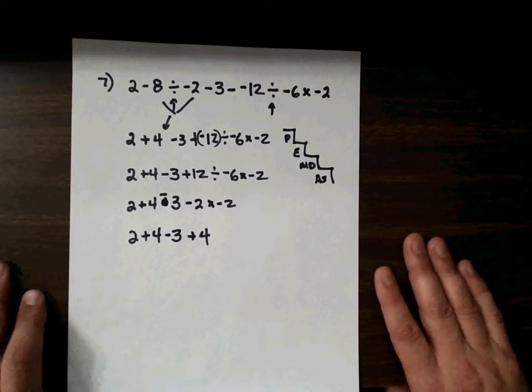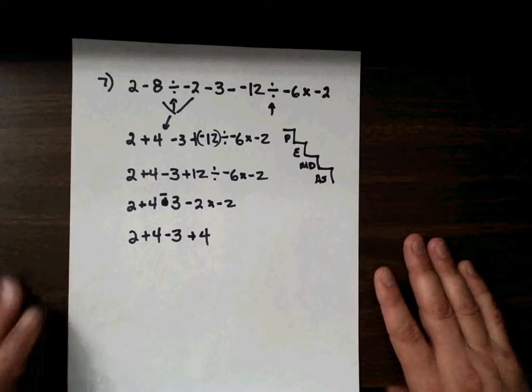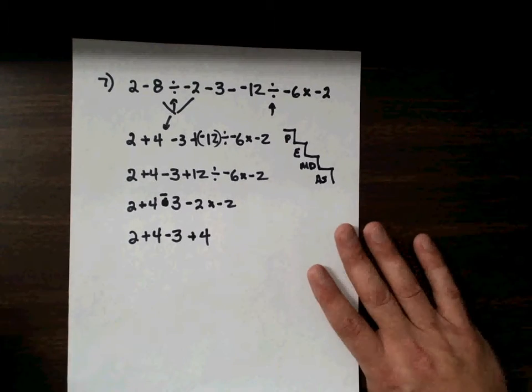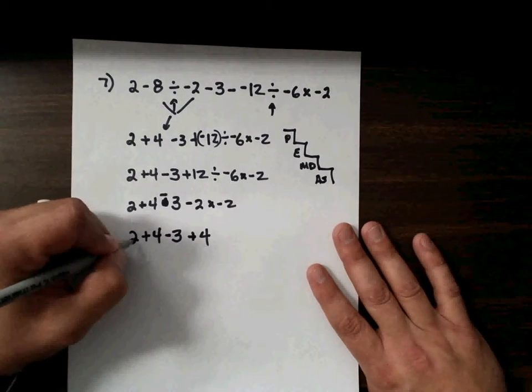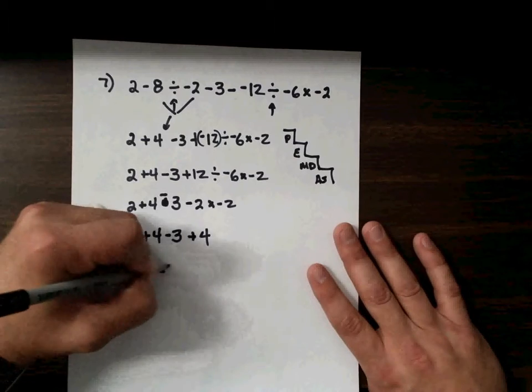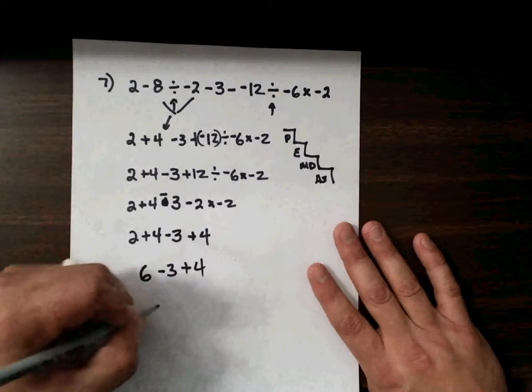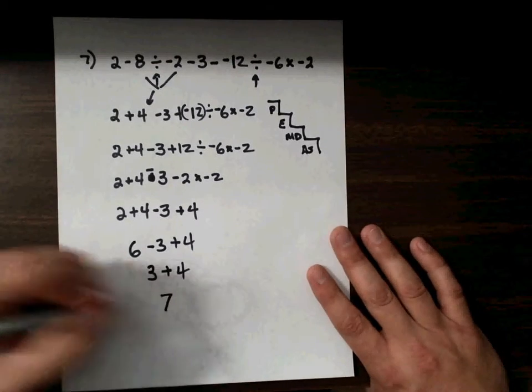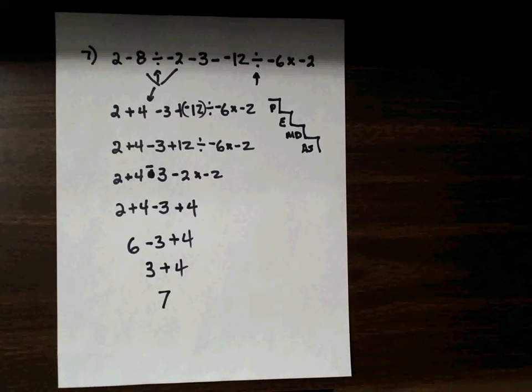That's a minus 3, yes ma'am. Okay, so let me finish working it out and see if I get what you got. Okay, good. All right, so this is going to become 2 plus 4, which is 6, minus 3 plus 4. I subtract it, and I get 3 plus 4. And then I add those, I get 7.